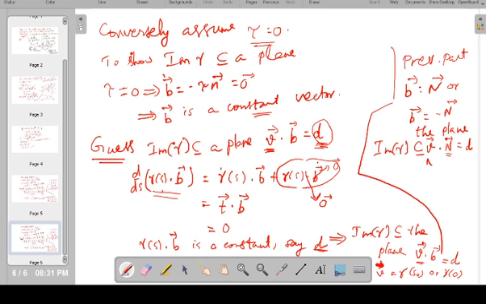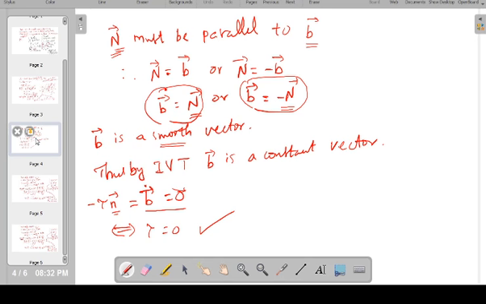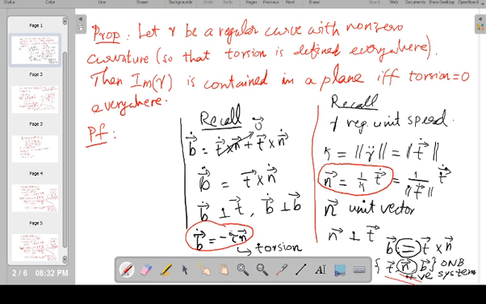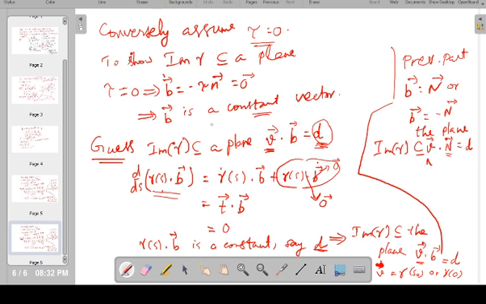But then tau equal to 0 means b dot equal to 0, from this expression. That means b is a constant vector.